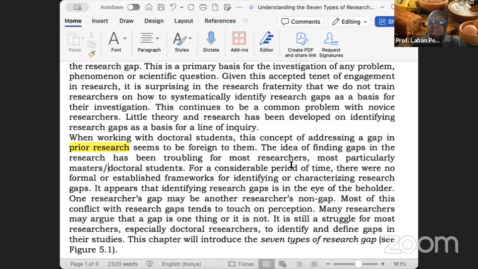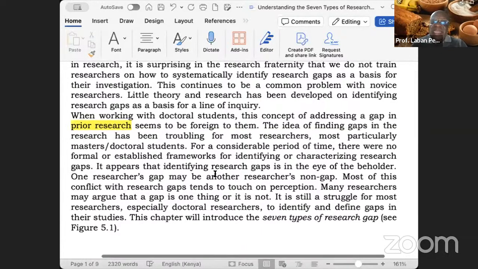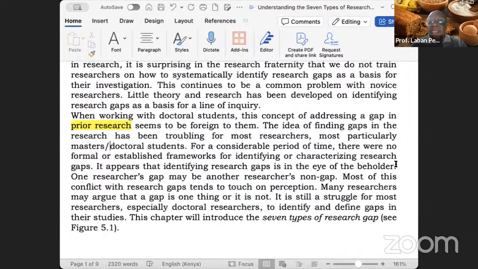For a considerable period of time, there was no formal established framework for identifying or characterizing research gaps. It appears that identifying research gaps is in the eye of the beholder. But there is no systematic way of conceptualizing and identifying your gap. One researcher's gap may be another researcher's non-gap.